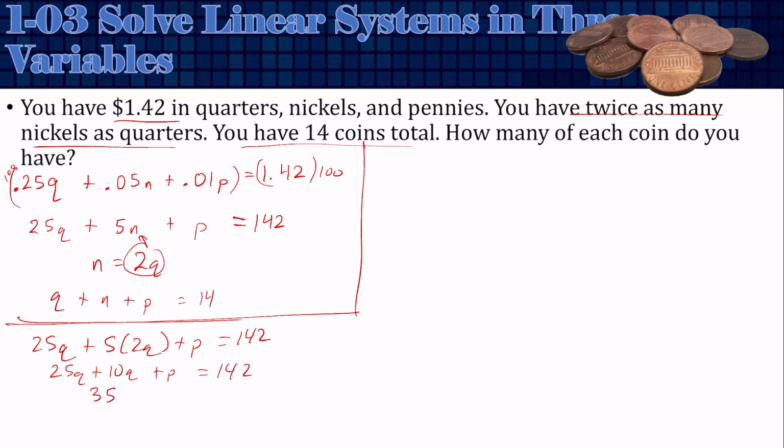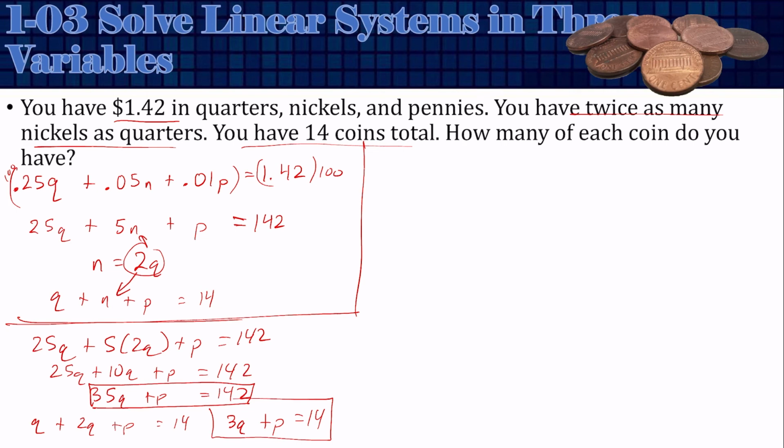And 25 plus 10 is 35. So there's one new equation. Plug it in there. Get Q plus 2Q plus P equals 14, or 3Q plus P equals 14.